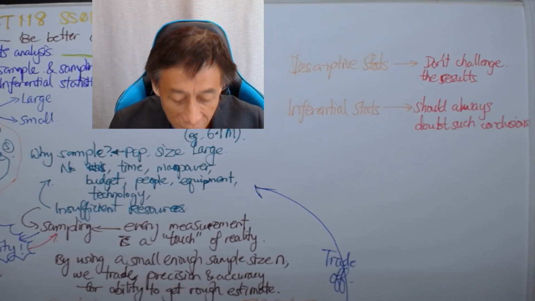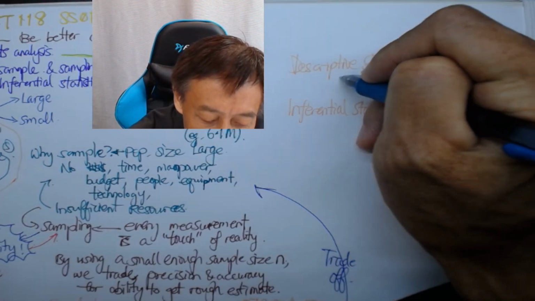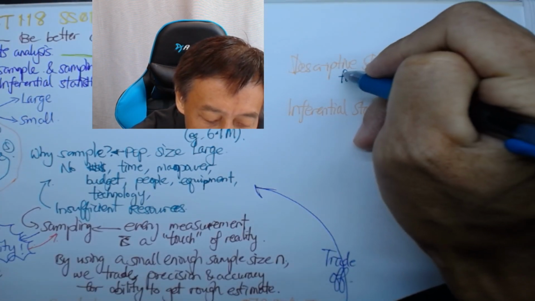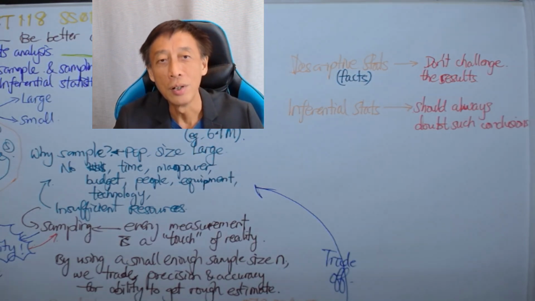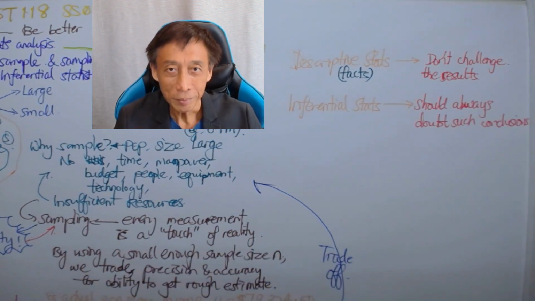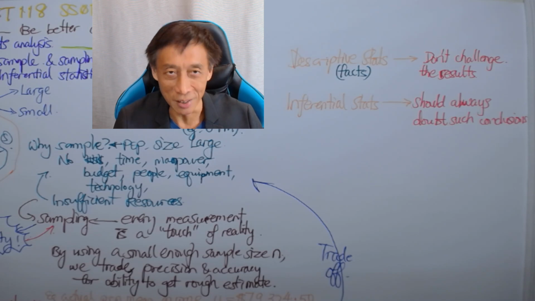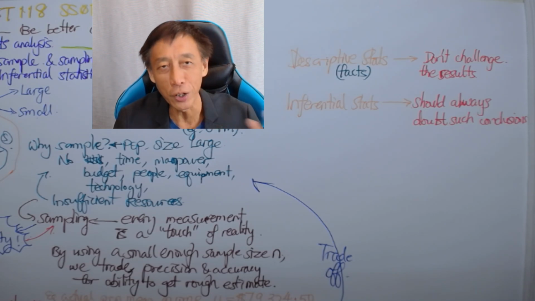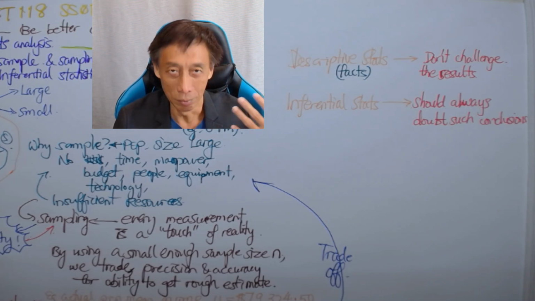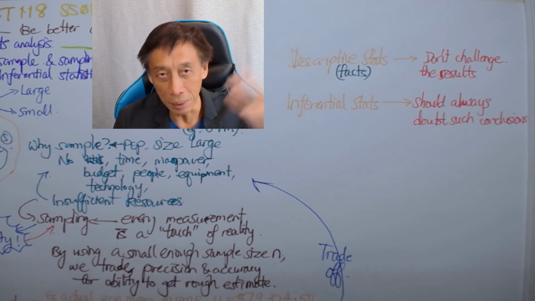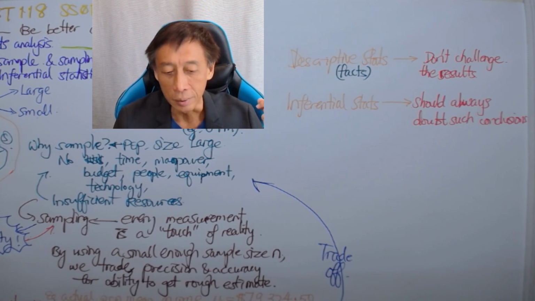Descriptive statistics, these are facts. They are not susceptible to being invalidated. In other words, if I say the average of 100 numbers is 50, 100 random numbers, if I say it's 50, right?